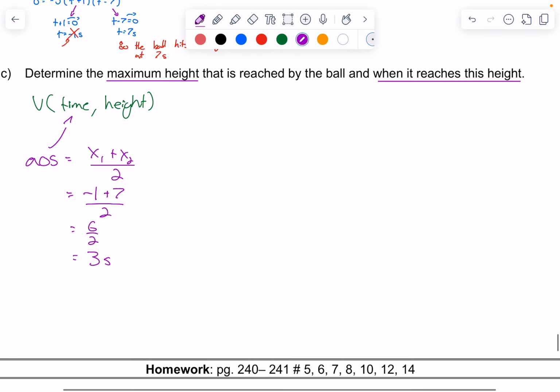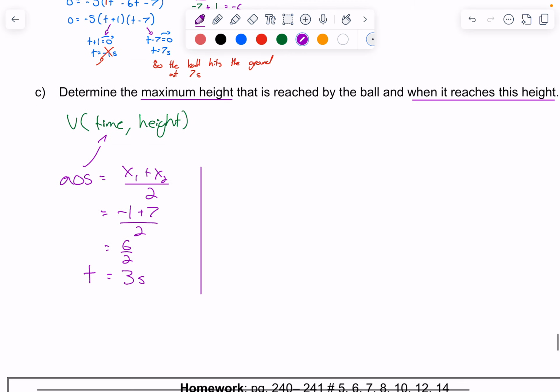So that is when the ball reaches the max height. So this is t equals 3 seconds. Now just take that value and sub it into your equation. If you have h of t equaling minus 5t squared plus 30t plus 35, now you're calculating the value of your height at 3 seconds.